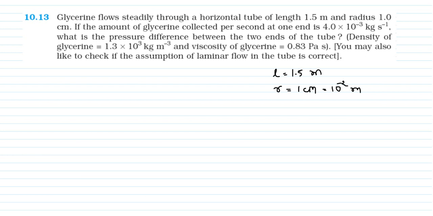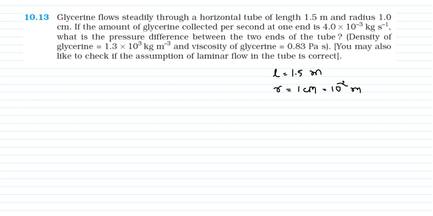If the amount of glycerin collected per second at one end is 4 into 10 raised to minus 3 kilogram per second.